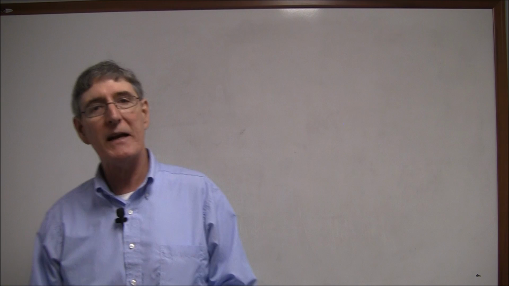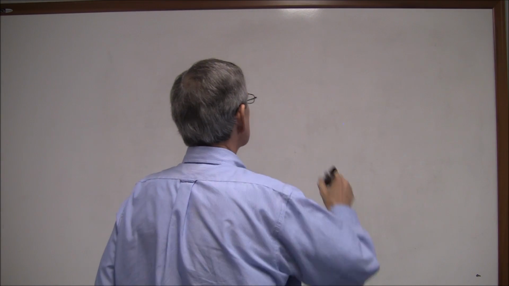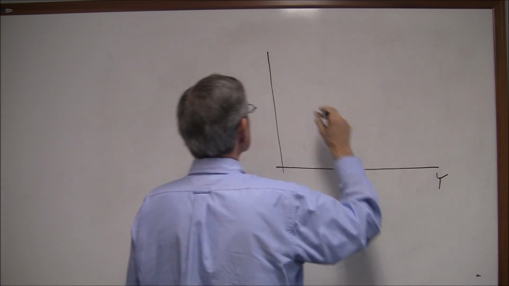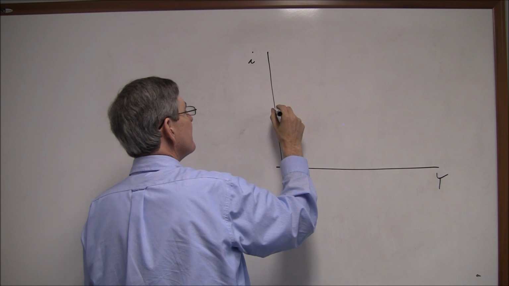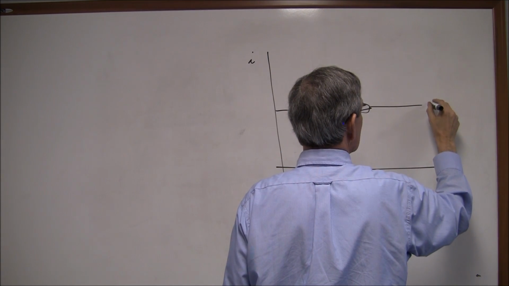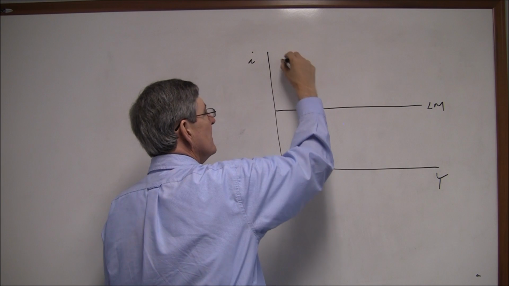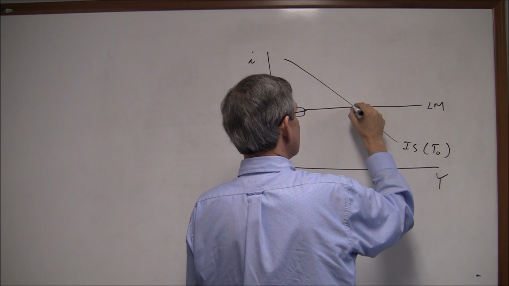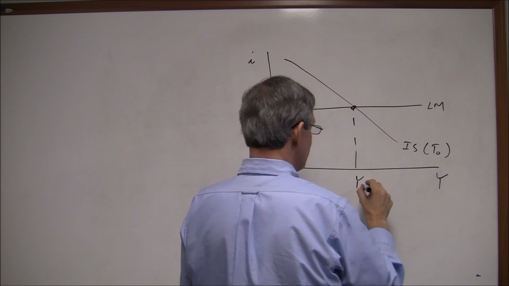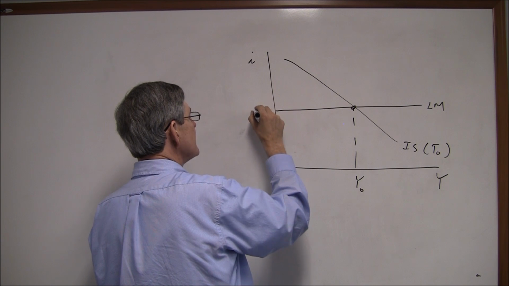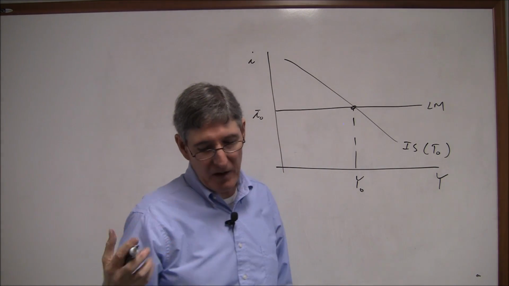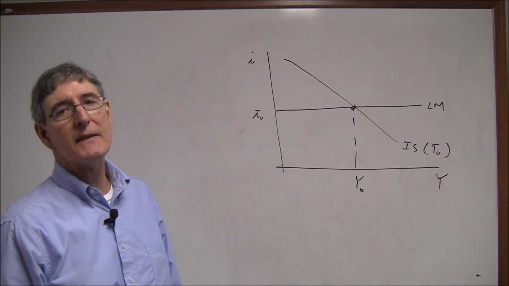And the last point is that the monetary and fiscal policy makers don't always cooperate. So back when Bush was president, LM, IS, T0, the Bush administration wanted to cut taxes, and one of the benefits, it's not the only reason they wanted to cut taxes, but one of the benefits was they thought that output needed to go up.